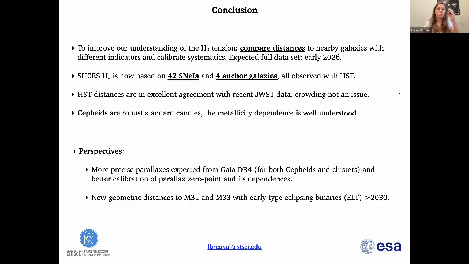There's an intrinsic dispersion that will always be there. But I would say at larger distances, of course, it's harder to measure the photometry even with JWST. But at nearby distances, we expect a super tight PL. Okay, thanks.